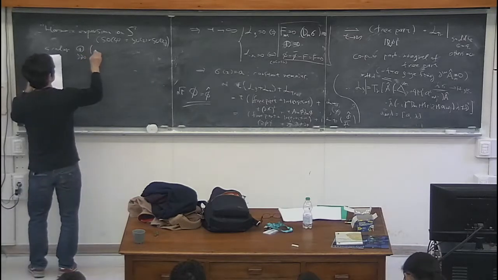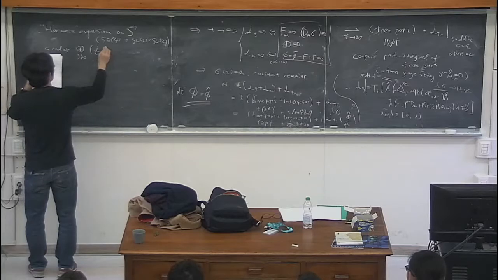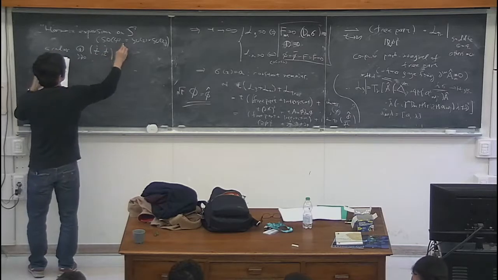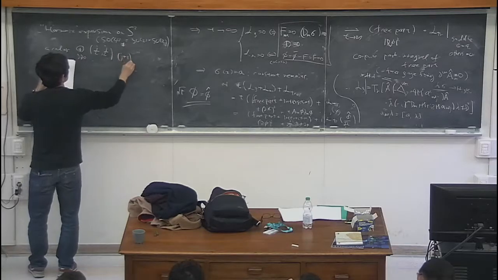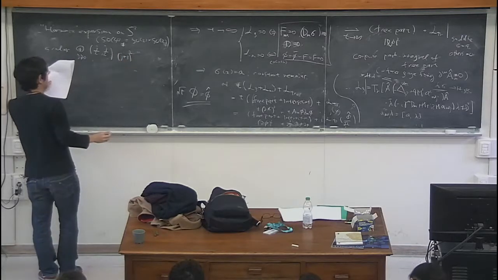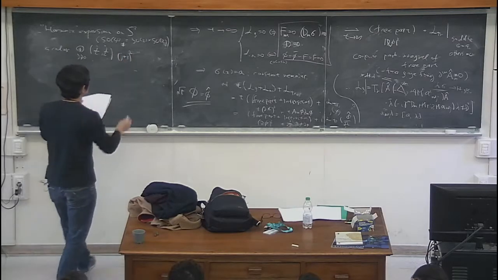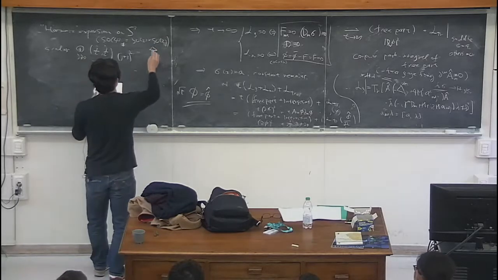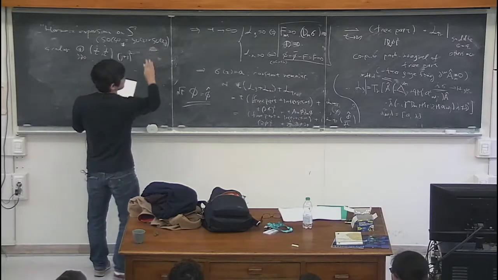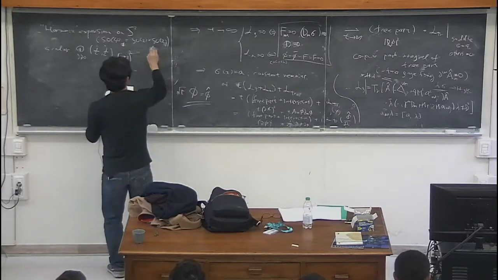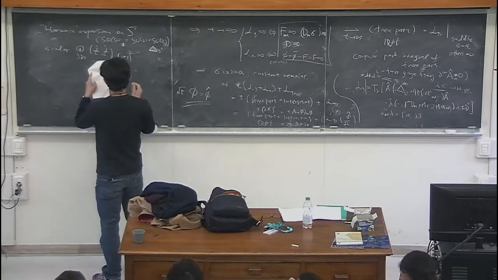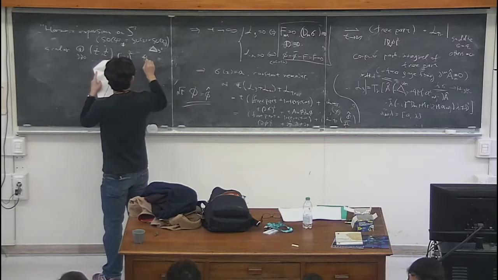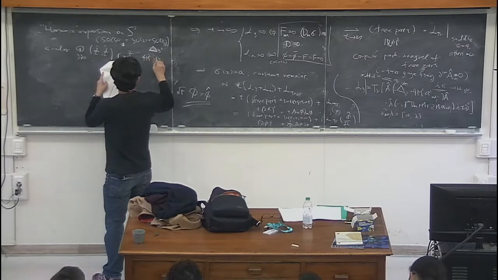J over 2 over J. This number is J plus 1 squared. So the value of the Laplacian is like that.